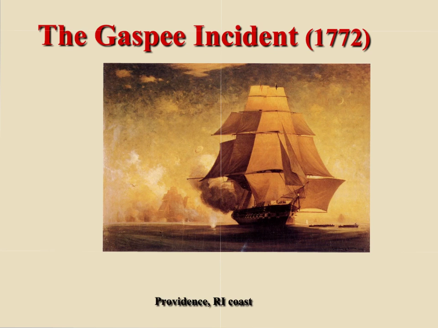And then still a few years after the Boston Massacre, you have the Gaspee incident. The Gaspee was a duties or customs ship of the British that would stop ships and make sure that they paid their taxes. And sometimes they'd harass the sailors of the boats and treat them with disrespect. And the colonists around the area grew tired of what the Gaspee symbolized.